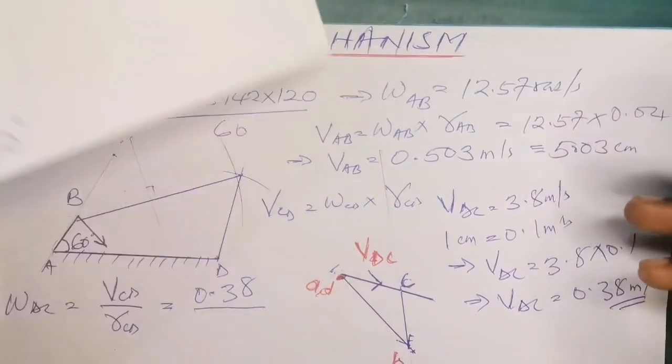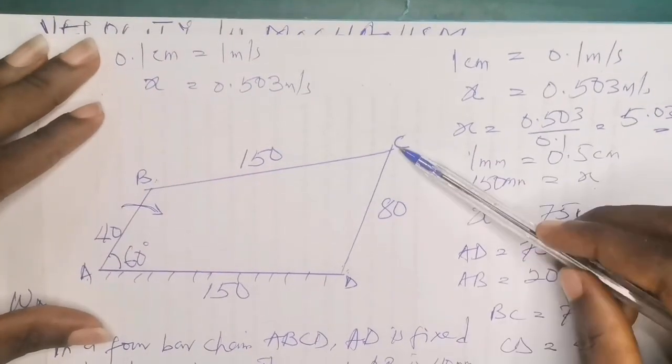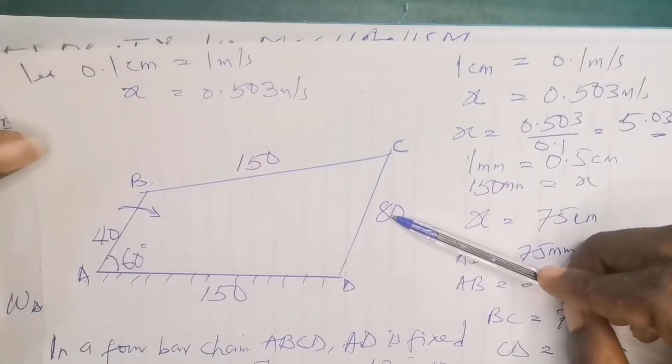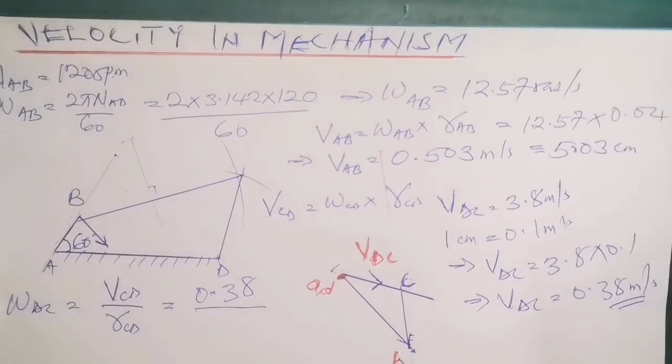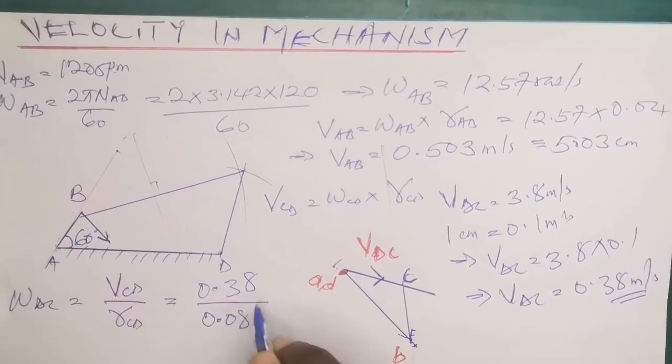Let me pull up the original question. From C to D was given in the question as 80 millimeters. So convert this to meters, simply dividing 80 by 1000, that's 0.08. So we divide by 0.08.